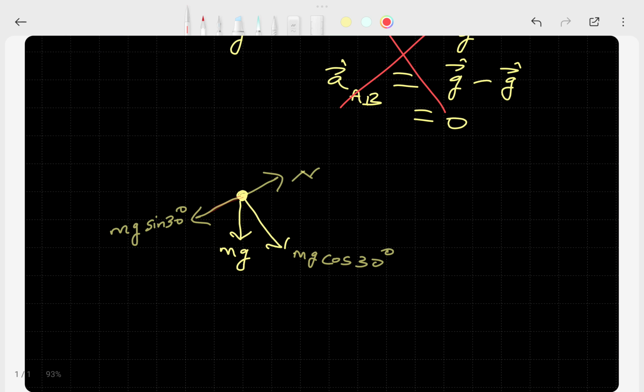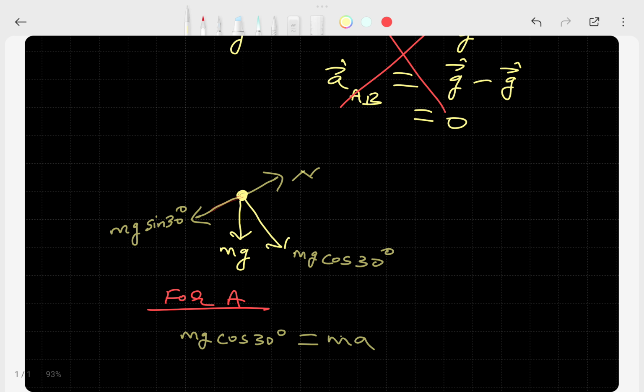So for A, mg cos 30 is equal to ma. M gets cancelled. This implies a equals root 3 by 2 g. So this is acceleration along the plane.